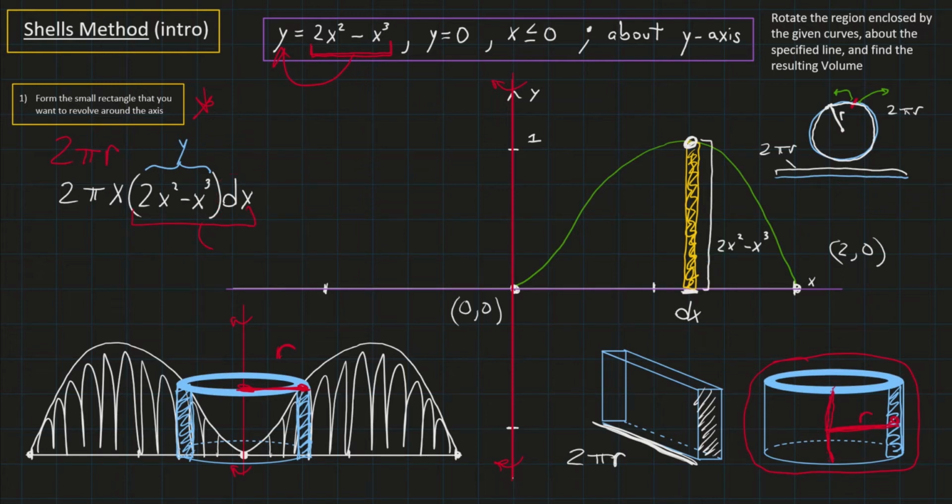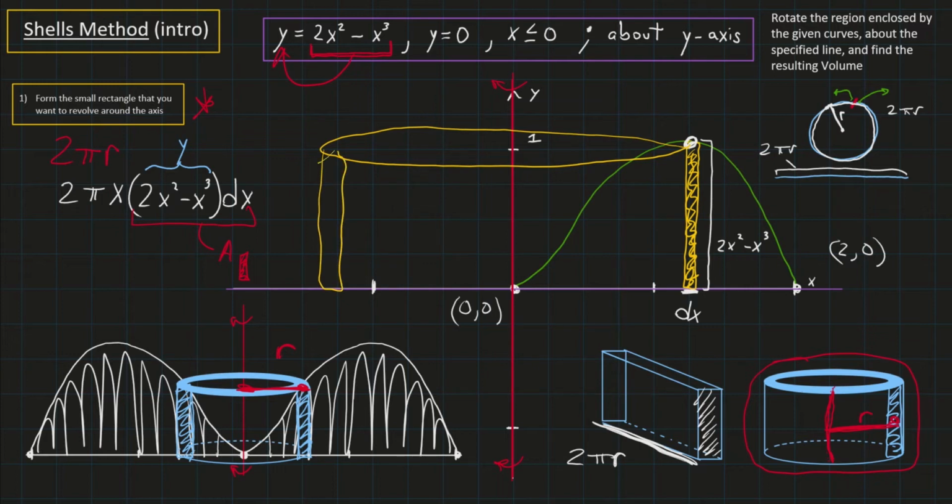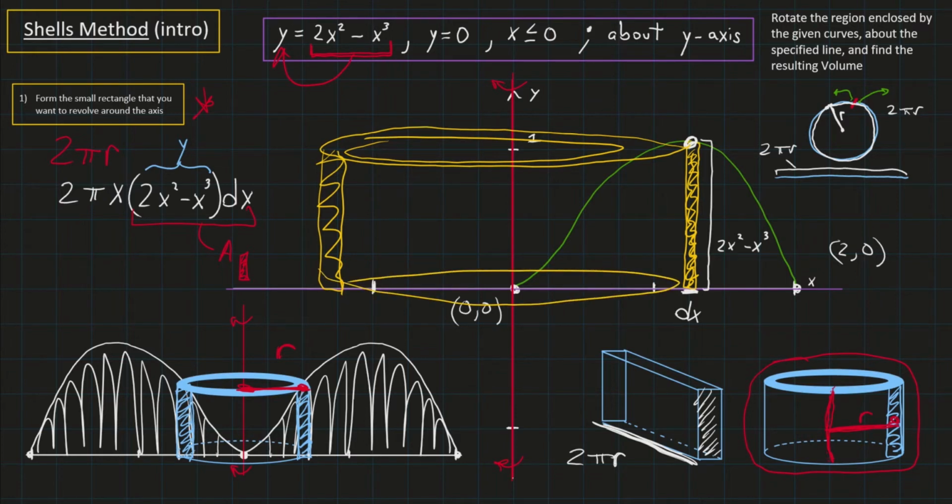So now I have the area of one of my little rectangles. And now we want to sweep this area around my y-axis to make one of my thin shells. Oof, that's a bad one. And what we've reasoned that we have to do is take this area and multiply it by this height here, which is 2 pi r. 2 pi, nice.